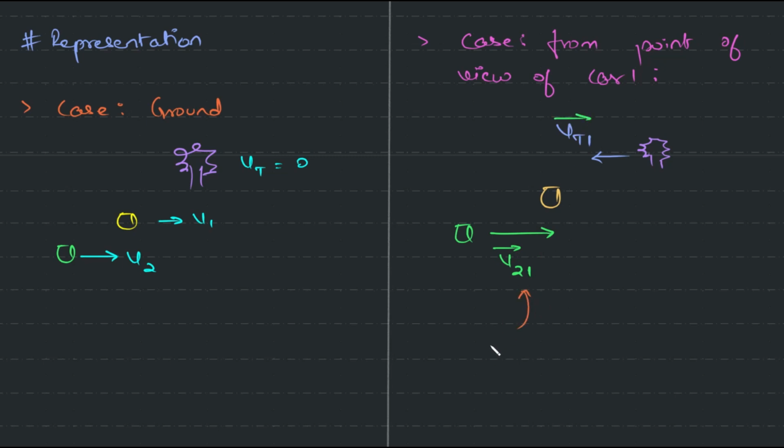This is velocity of vehicle 2 with respect to vehicle 1. Okay, so there are many ways to represent this. It depends on the book and the author and all of that. So here we are going with this representation.